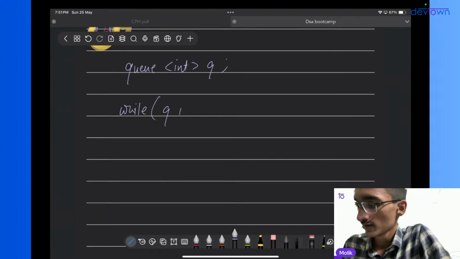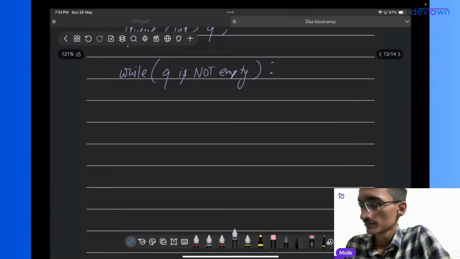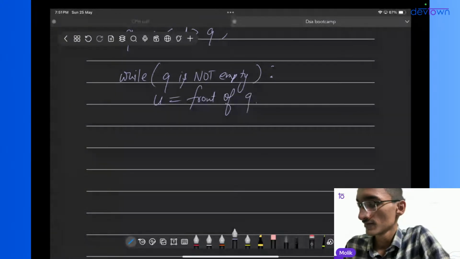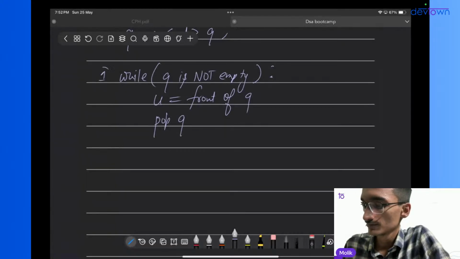While queue is not empty, u is equal to front of queue, pop queue.